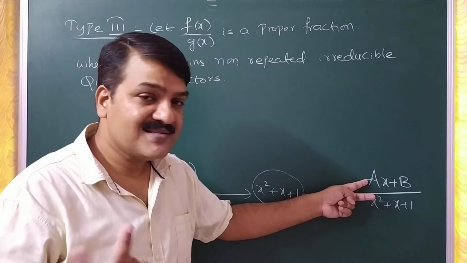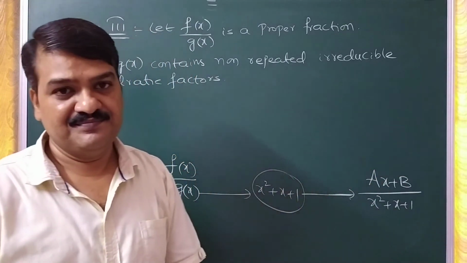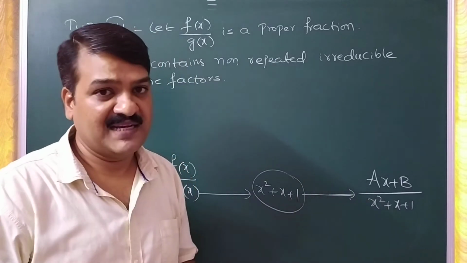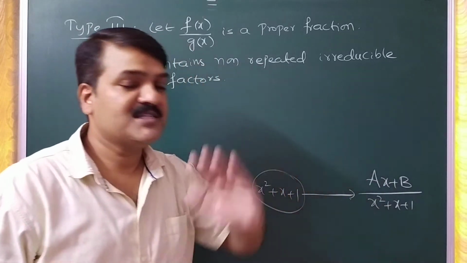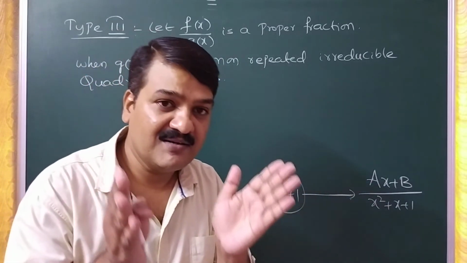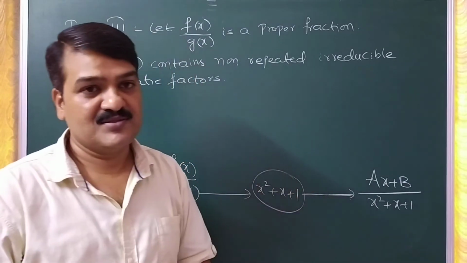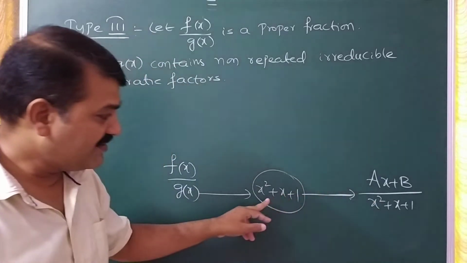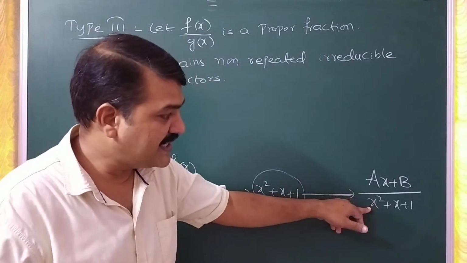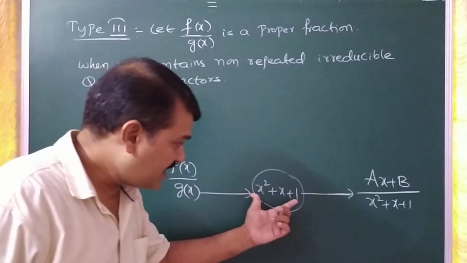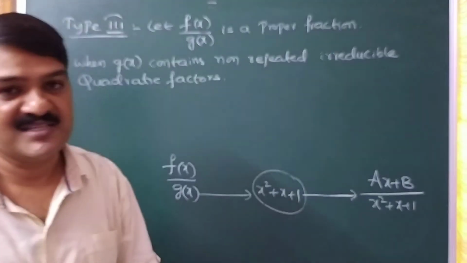If you get a as 0, that will be constant. So since the denominator is a quadratic irreducible factor, the numerator must be taken as either first degree or constant, which we have taken like this. So whenever the denominator has a quadratic factor like this, in the numerator you will take ax plus b. For every quadratic factor you should write the partial fraction like this.